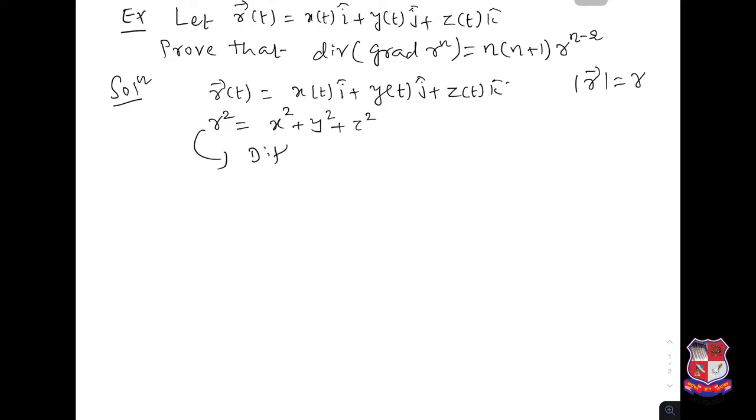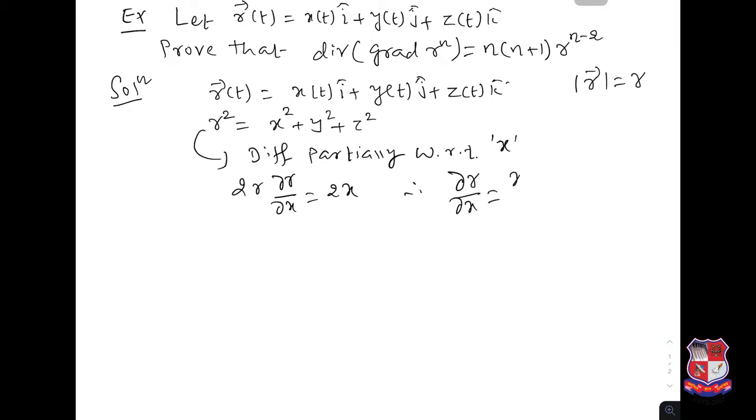So differentiate this partially with respect to x. So then we are having 2r delta r by delta x equal to 2x, and therefore delta r by delta x equal to x by r.